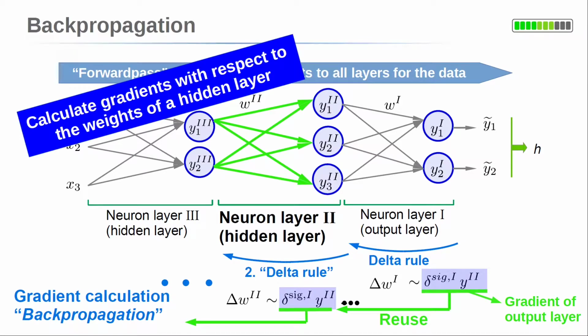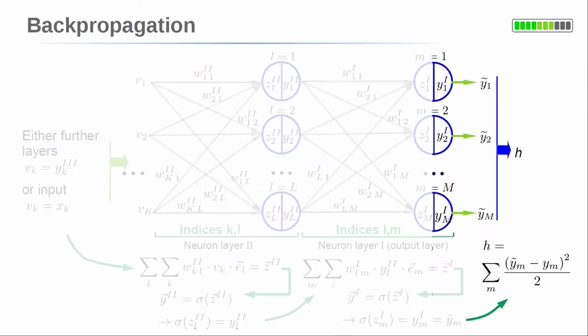In the following, we will calculate the gradient of the cost function with respect to the weights in the hidden layer closest to the output layer. At first, let's take a look at the calculations in the neural network. The cost function h depends directly on the output y tilde of the neural network.